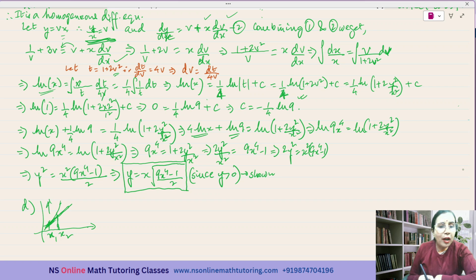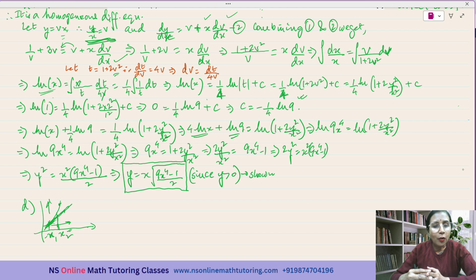You see, as we move towards the right, as the difference between the given x value and the x value for which we want to find the y value gets large, the difference between the exact y value and the approximate y value that we get from Euler's expression also becomes more and more.